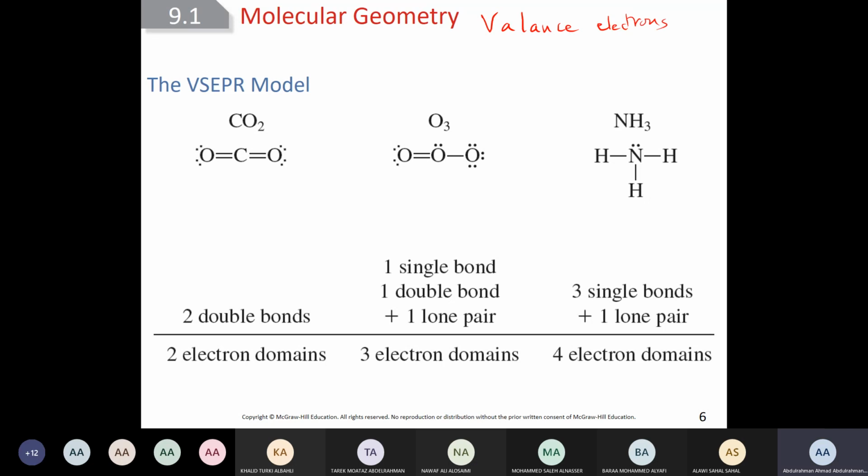The outer shell, the last s and p electrons. We also have to know what the central atom is.